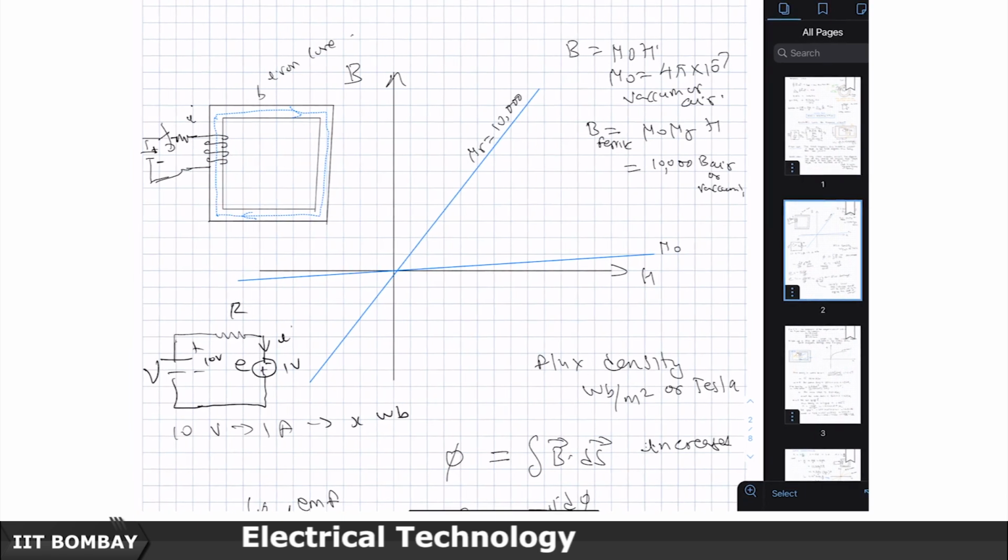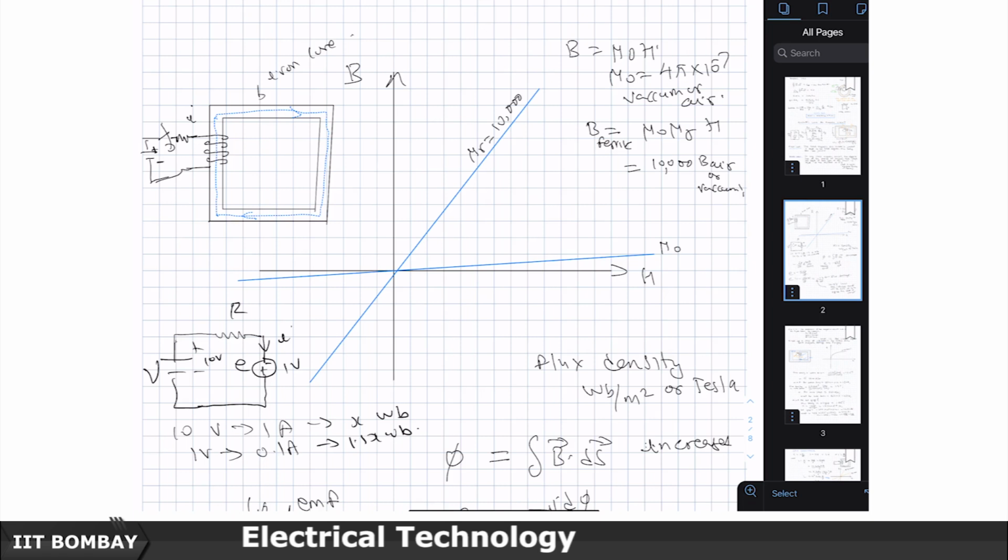Then if this induced EMF, let us say which is 1 volt, is in the direction like this, then it will cause a current of 0.1 amperes and would therefore lead to 1.1 times the net flux.